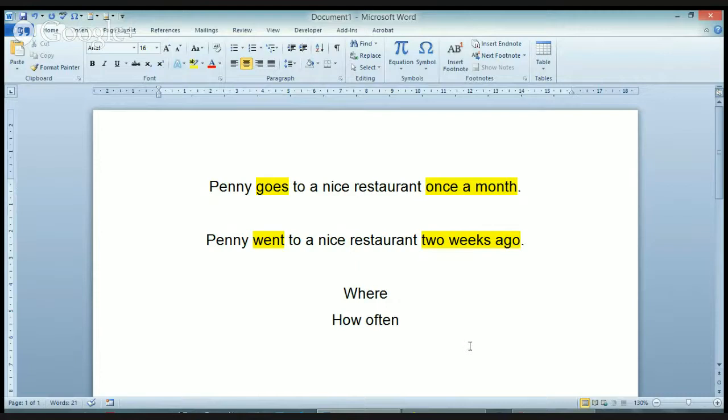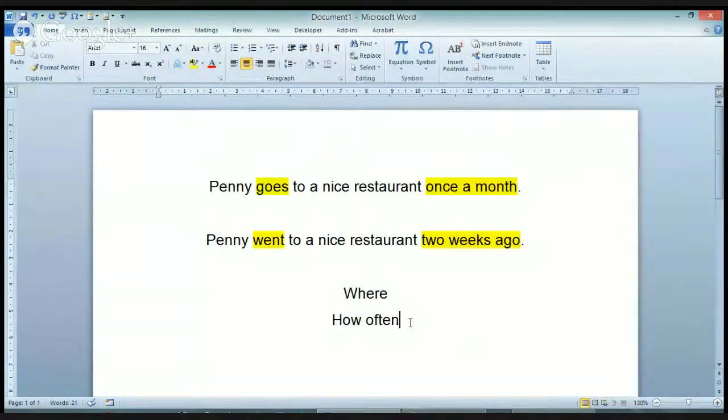Well, it is. How often, or after question word, we need auxiliary verb? Usually. How often? Do? Does? No. Do, does, it's present simple time. We have to connect these auxiliary verbs with the tenses. Did.